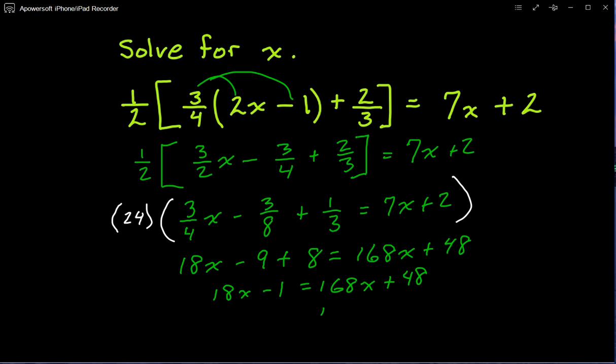By subtracting it, will give us 150x. We're going to move the 48 to the left side by subtracting it, which is negative 49. And then dividing is going to give us x equals negative 49 over 150.